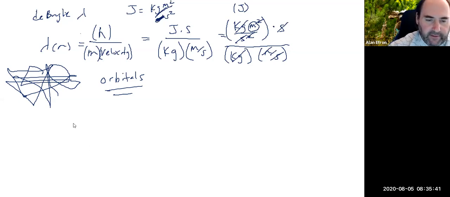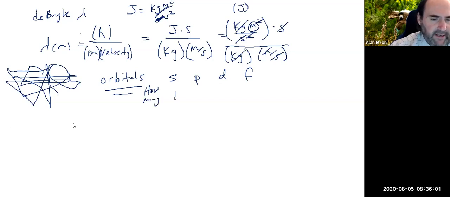And if you remember, we talked about s, p, d, and f orbitals. Depending on the energy level, you'll find some of these present, and on some levels you may find them all present. In terms of how many there are of each type, there's only one s orbital, as opposed to 3 p orbitals, 5 d orbitals, and 7 f orbitals.